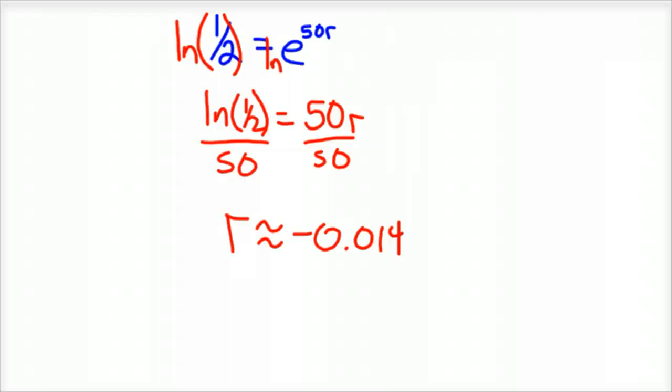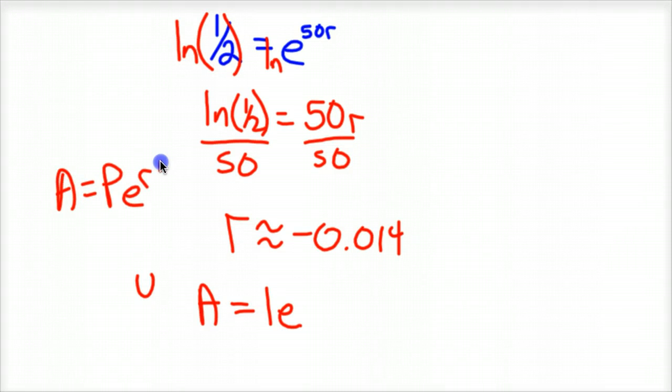Okay, then I need to hurry along because I don't have much time left. So now we have a model for this thing. Let me write my model first. So the amount A, and we did start with 1 microgram, so not that you need the 1 there, but I like to put it there, using PERT.